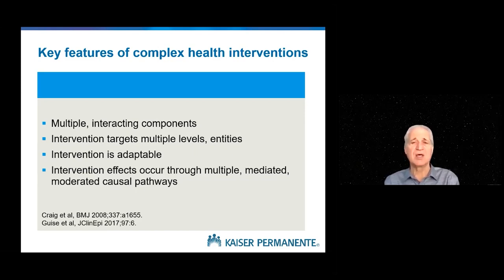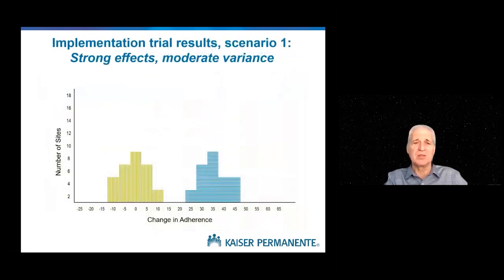We can have single-level complex interventions. These interventions are almost always highly adaptable. And because of the multiple components and the multiple levels and targets, the intervention effects typically occur through multiple pathways that are highly mediated and moderated and not very simple.